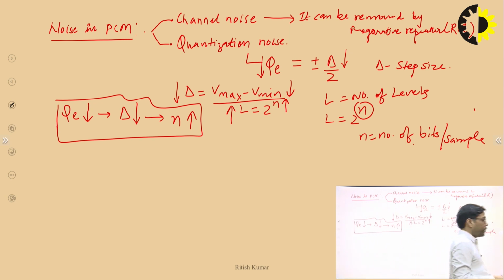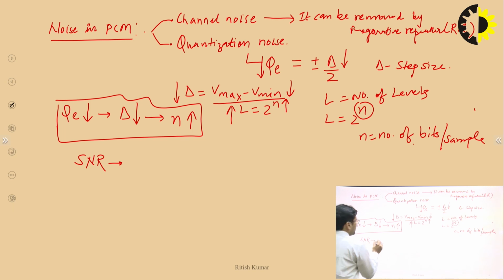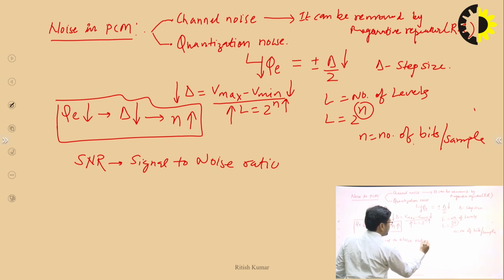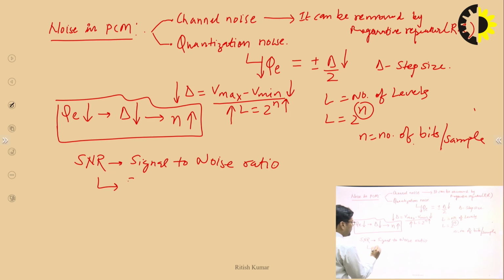Now, what should be the analysis of quantization error? For which we have to take the signal to know the effect of the noise over the signal. We need to analyze the signal to noise ratio. This is nothing but the ratio of signal power to the noise power.